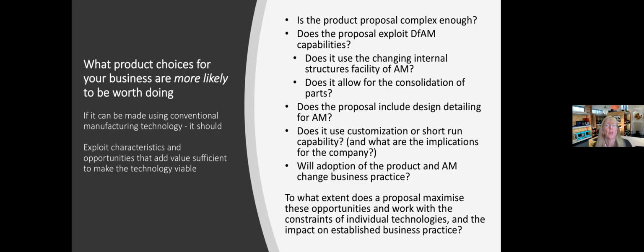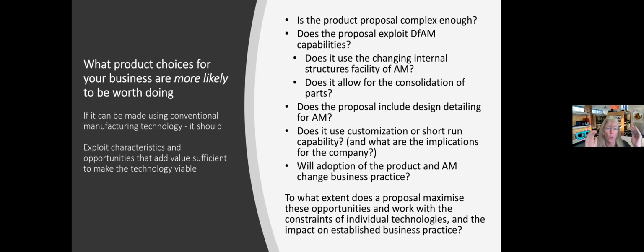So just in summary, what product choices for your business are more likely to be worth doing. If you have a look at it again, it's thinking from a product design point of view, could it be made any other way? If it couldn't, does it exploit the characteristics of the technology? From a business point of view, will it disrupt your workforce?